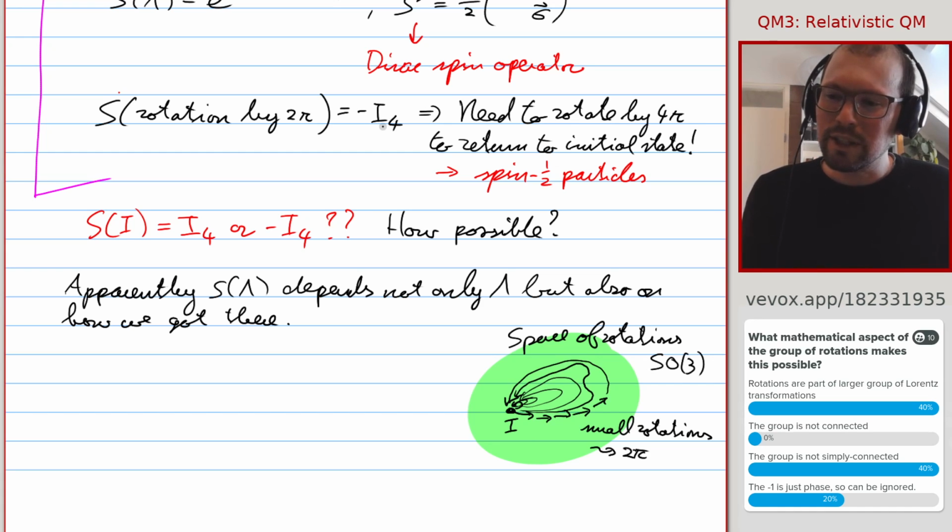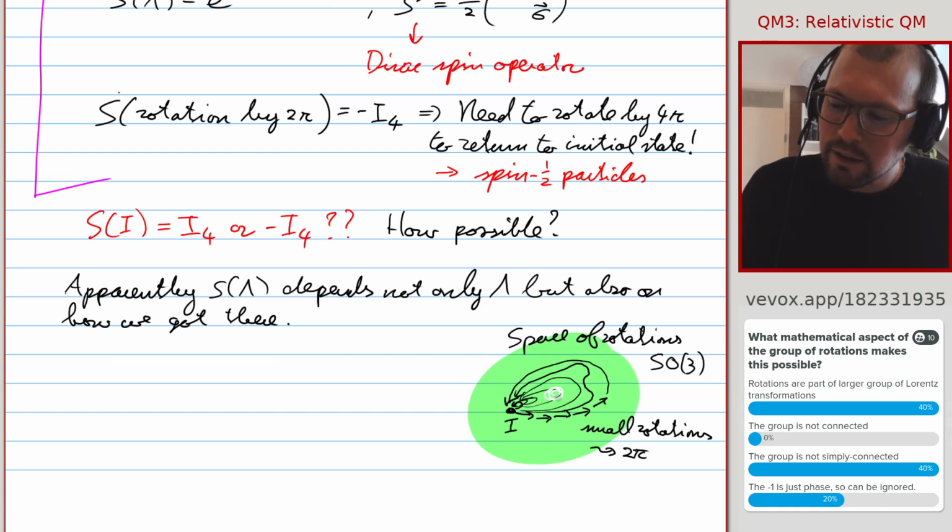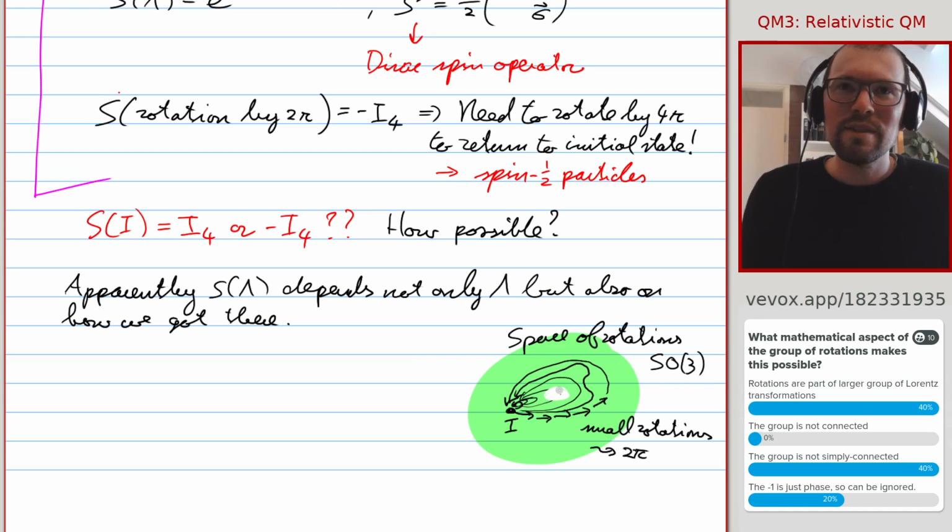So the only way out here is if these deformations are not possible. So meaning that there is, if you like, some hole or some obstruction that does not allow you to deform your path of rotations to doing nothing.